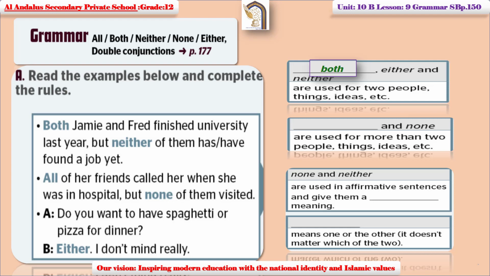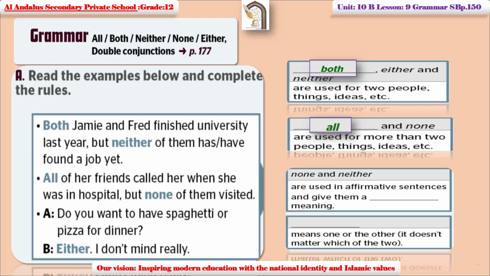The following rule is, all and none are used for more than two people, things, or ideas. That's right, all. All and none are used for more than two people, two things, or two ideas.